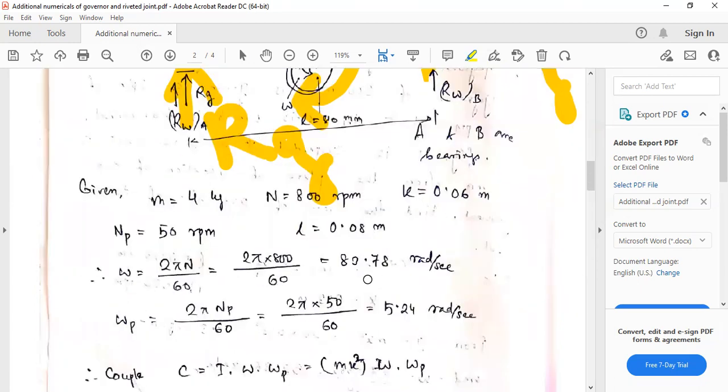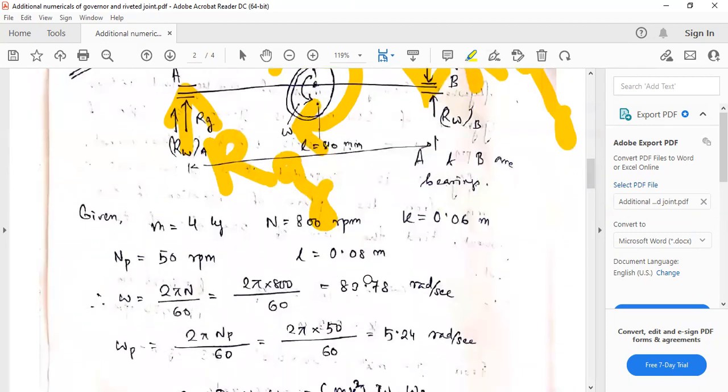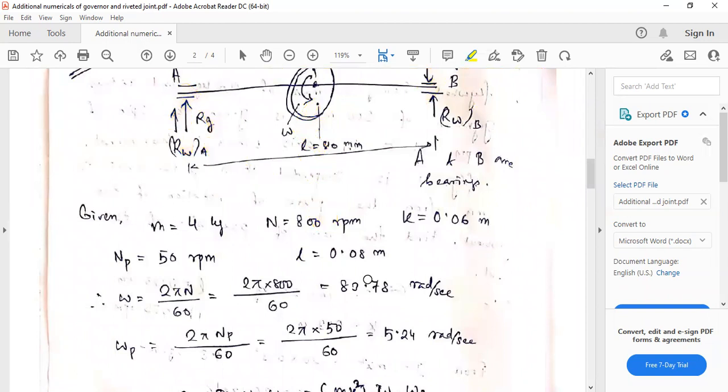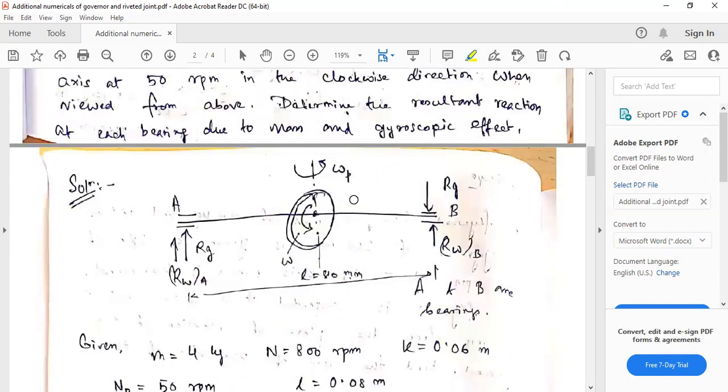Now here you can see that the reaction at A due to gyroscopic couple C is C by L. Because of C, this is the moment divided by the length.